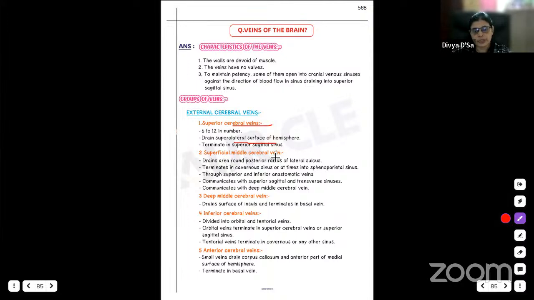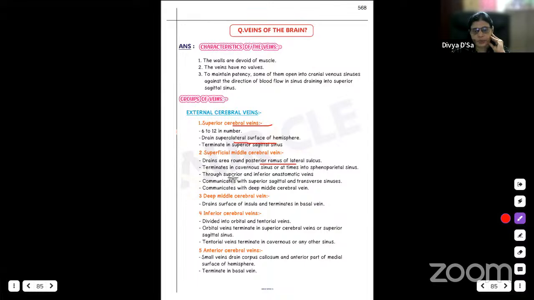The superficial middle cerebral vein drains around the posterior ramus of the lateral sulcus and terminates in the cavernous sinus, or sometimes into the sphenoparietal sinus.